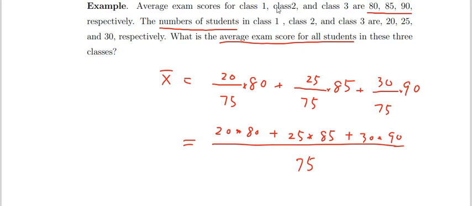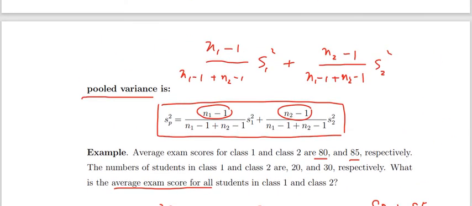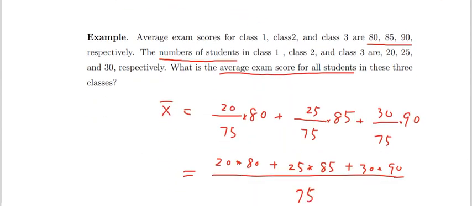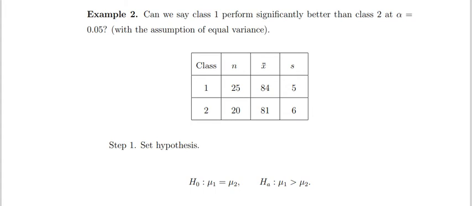Okay, so now we understand what the weighted average is. The pooled variance is the weighted average of S1 squared and S2 squared, the two variances, weighted on degrees of freedom. Now let's consider this problem. Let's do the same problem, comparing the two classes.